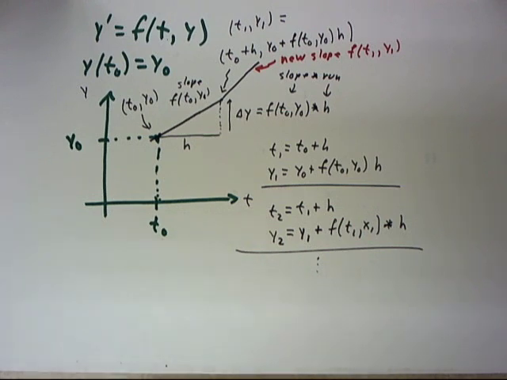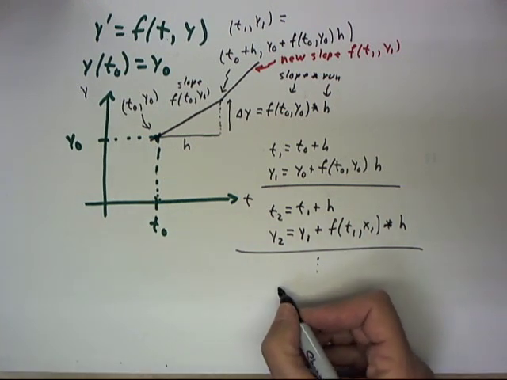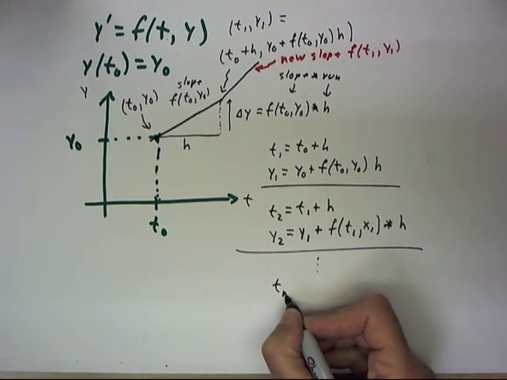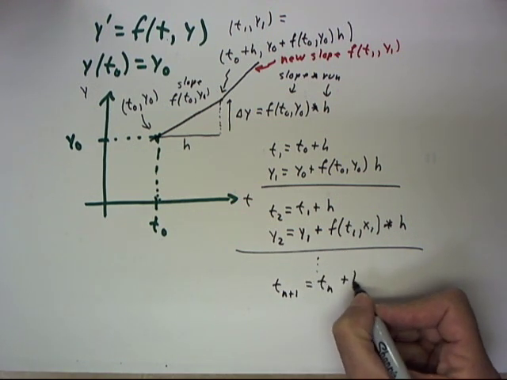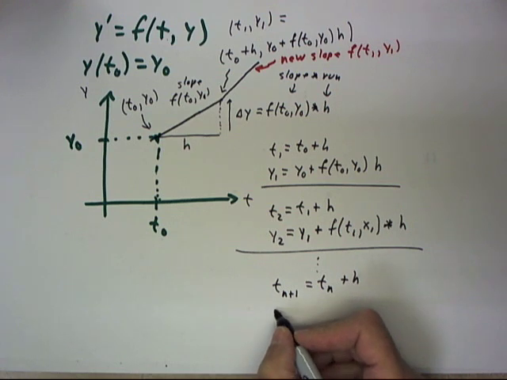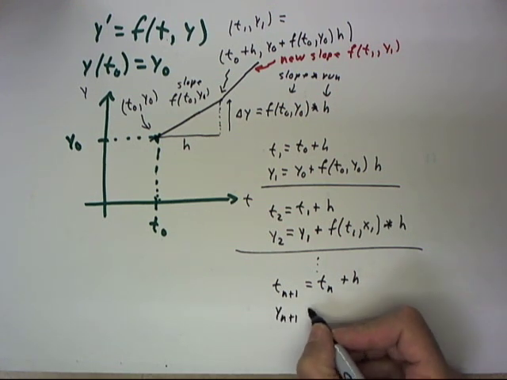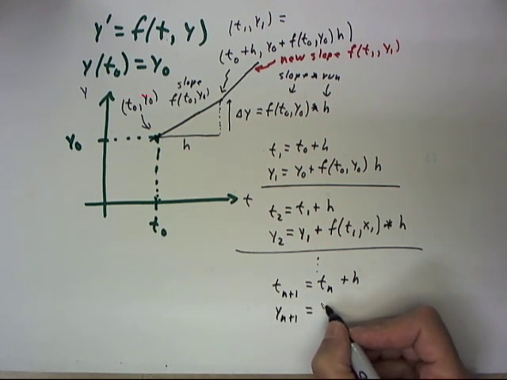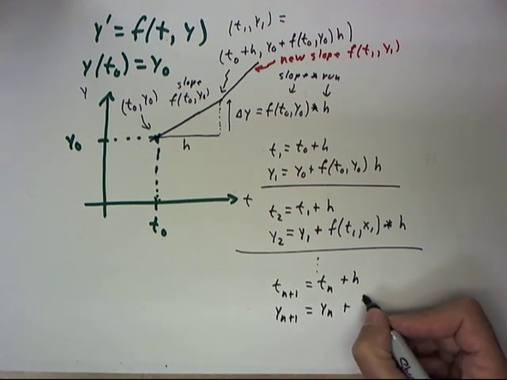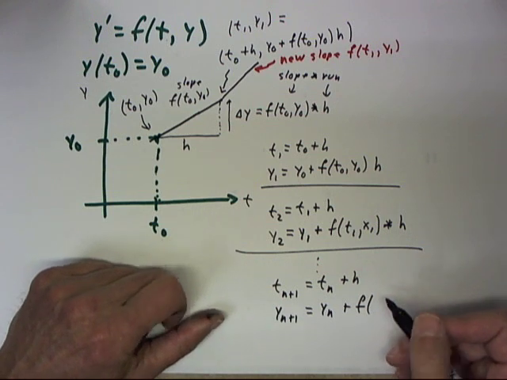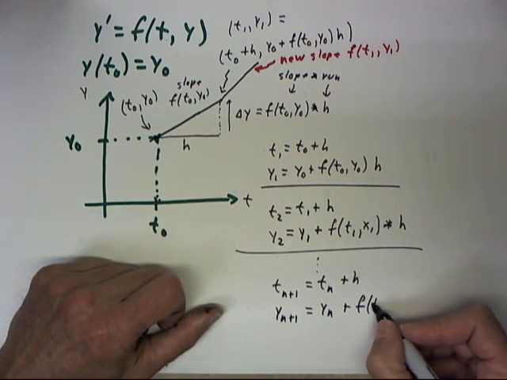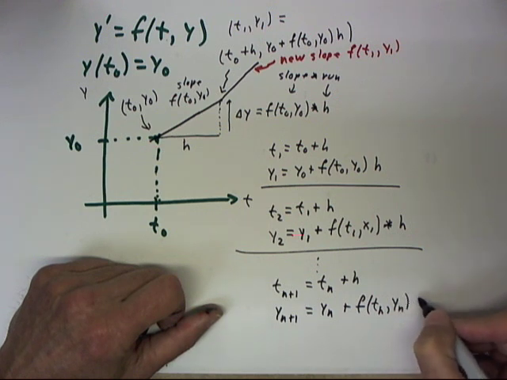And if we continue doing this, we're going to see that in general we get t sub n plus 1 equals t sub n plus h, and y sub n plus 1 equals y sub n plus f evaluated at the previous point, the point t sub n, y sub n, times h.